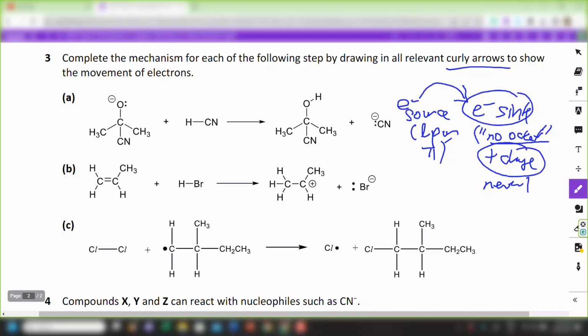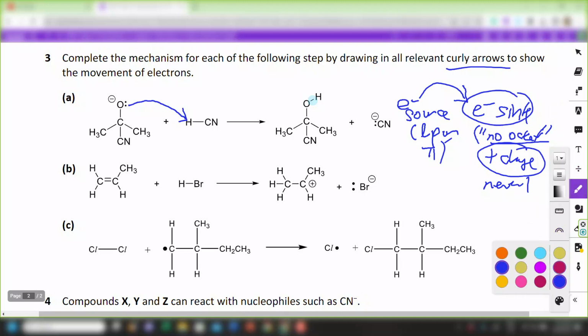For 3A, what's going to happen is that this lone pair of electrons is going to attack the H. Sometimes students ask, how do you know? You know it because you notice that the OH sigma bond is being formed, and therefore the lone pair must attack the H, or must be donated to the H, and the donation of this lone pair will result in the heterolytic cleavage of the HC bond.